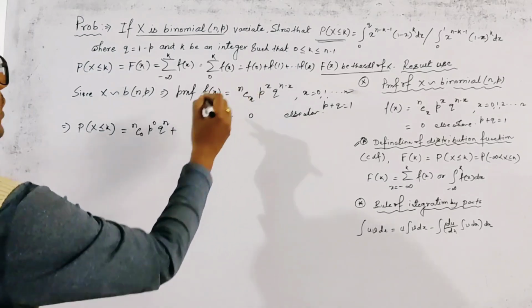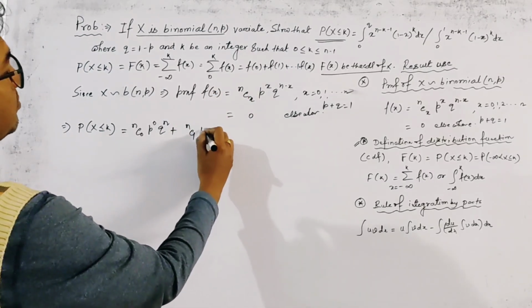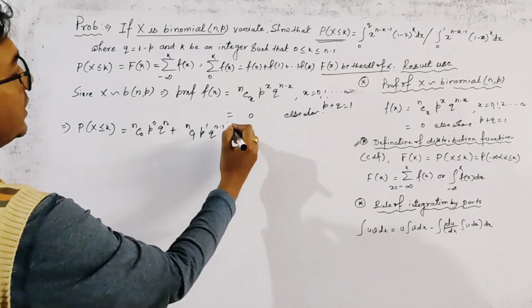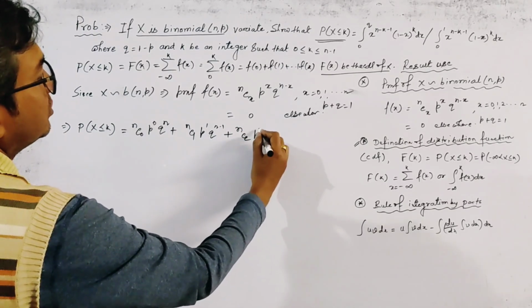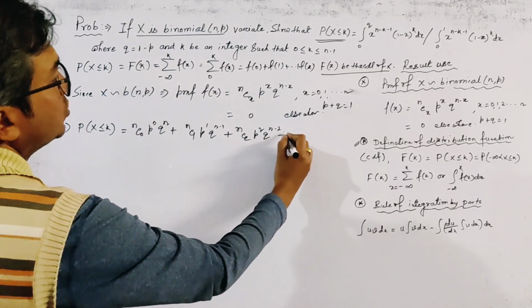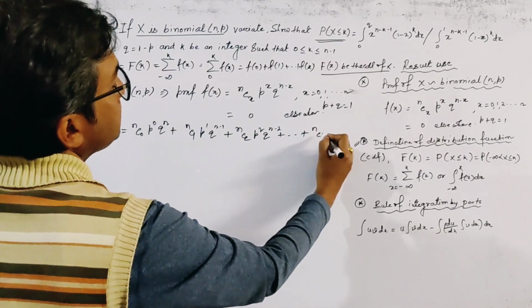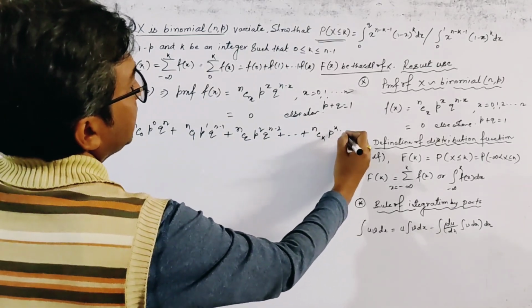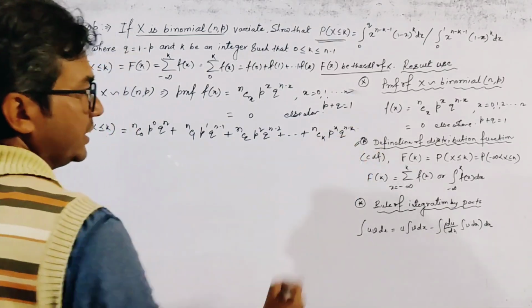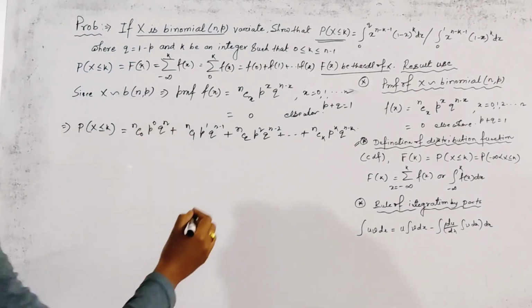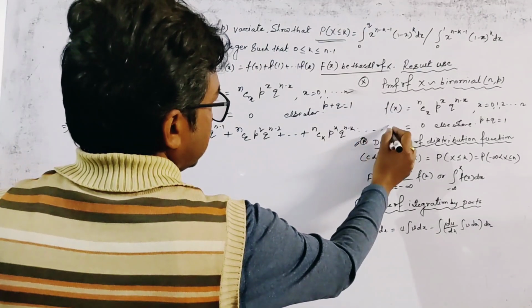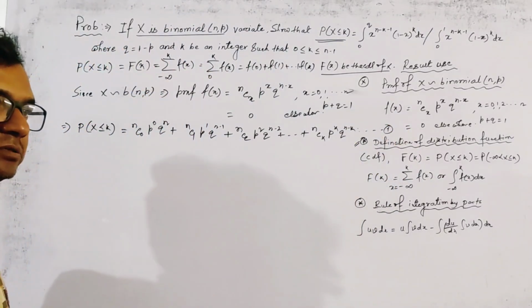And f(1) is given by nC1 p to the power 1 q to the power n minus 1, and nC2 p to the power 2 q to the power n minus 2, and so on, up to nCk p to the power k q to the power n minus k. This is our left hand side expression. So this is relation number 1.